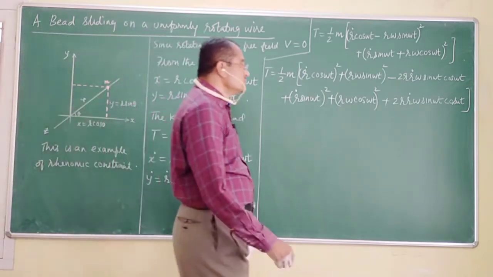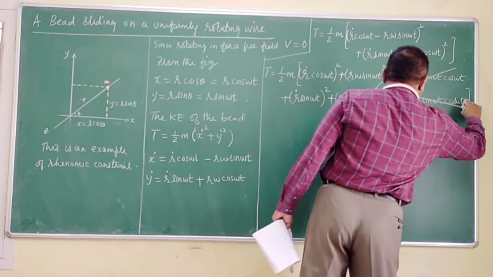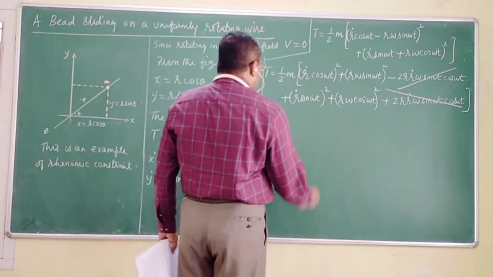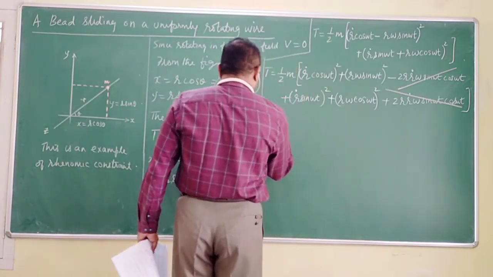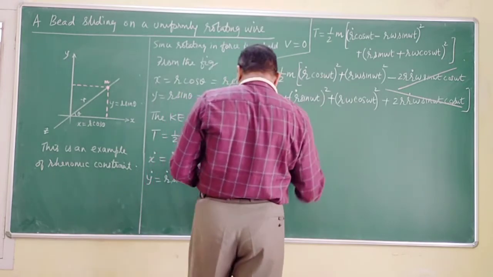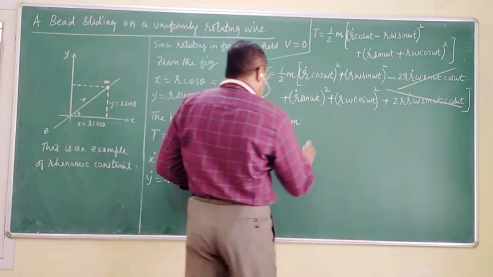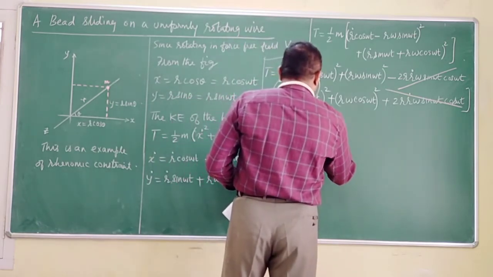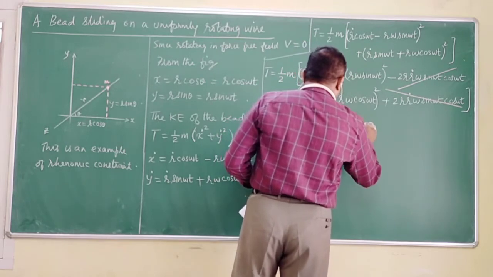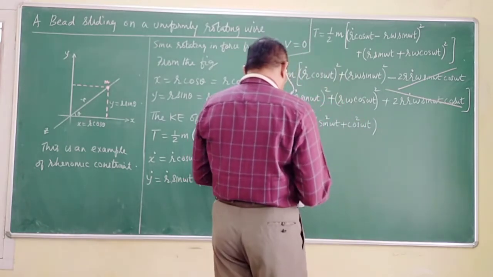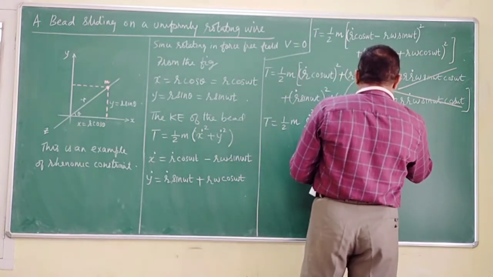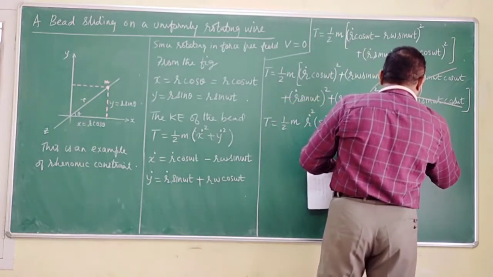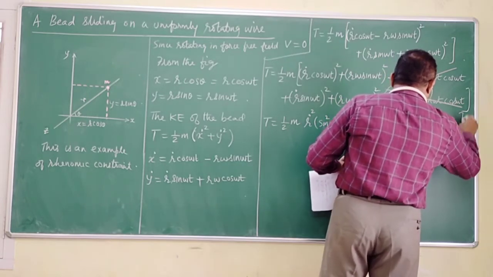Now, the cross terms will go off. T will be equal to 1 by 2 m, r dot square into sin squared omega t plus cos squared omega t, and what else is left will be plus r squared omega squared into sin squared omega t plus cos squared omega t.